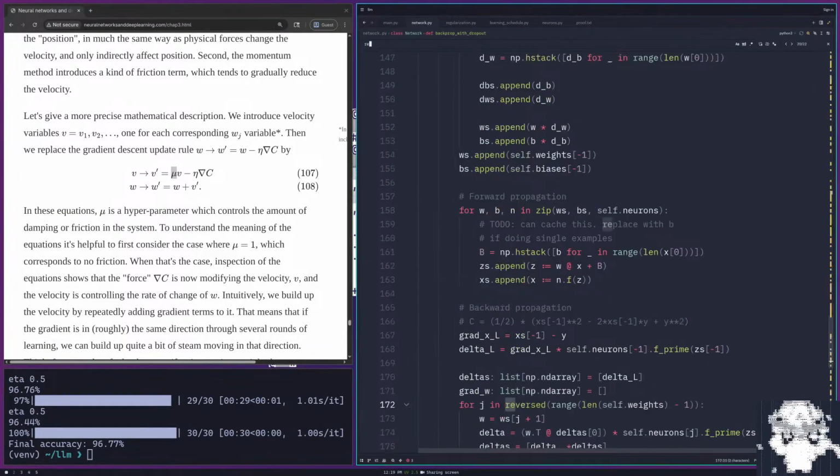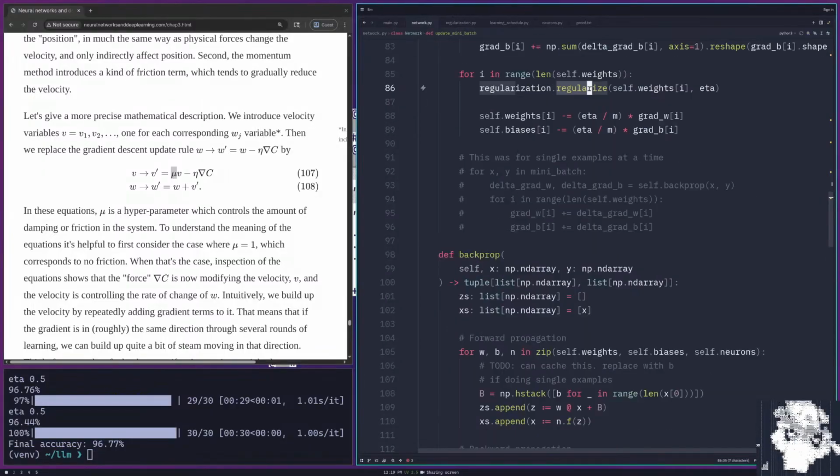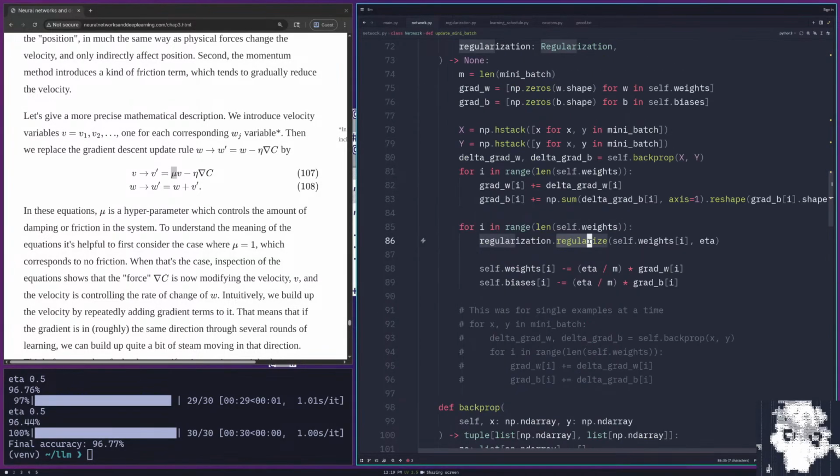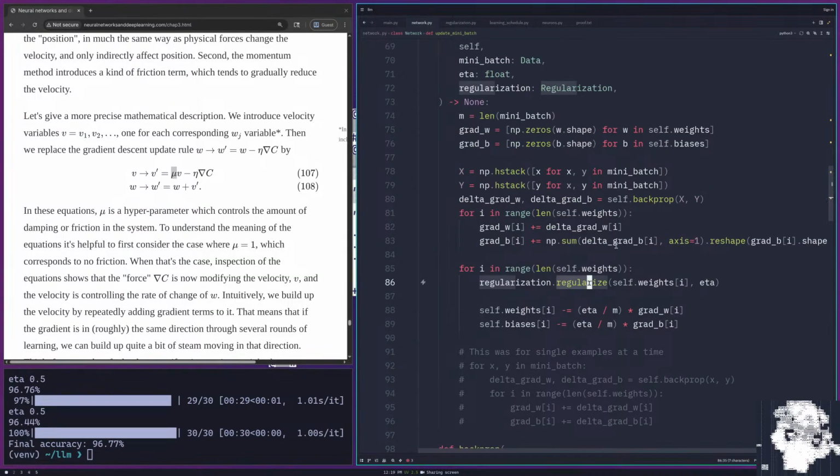Where is regularization? Right, so we multiply weights by some number that makes it a bit smaller, and then we subtract eta grad c from it.